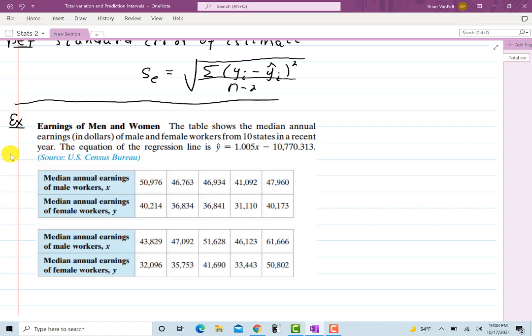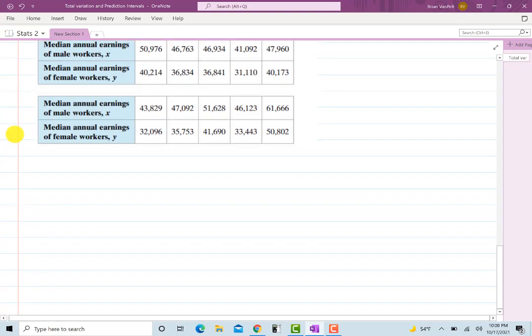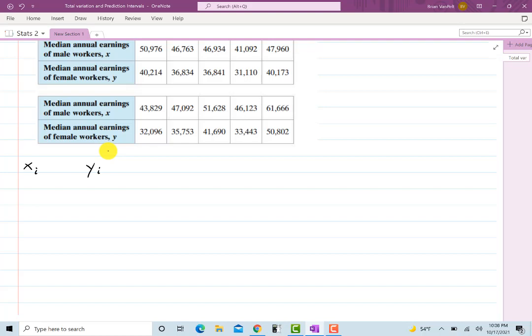All right, here we have an example. Let me first get in the data that we need, and I'll show you exactly how we enter it. I'm going to set up a column of x's, then a column of y's. Let's call these xi, going from i equals 1 to however many there are. In this problem, there will be 10 of them.